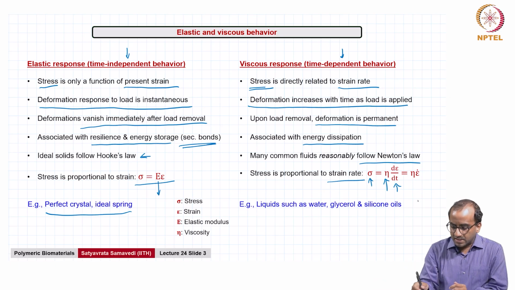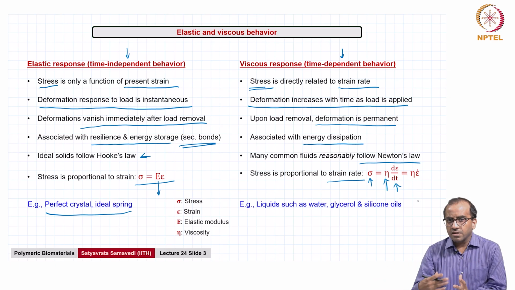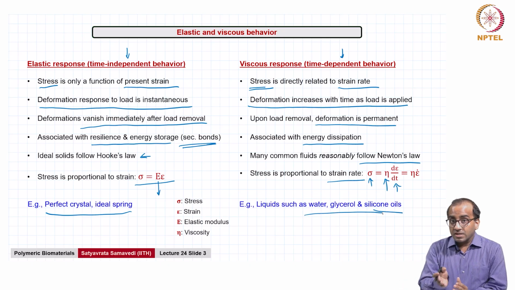And some examples of such purely viscous systems are given here, and what you will see is viscosities here are quite different. Water viscosity is quite different from glycerol. For silicone oils, it could be a whole host of viscosities depending on what type of silicone oil you are talking about, but nevertheless they all reasonably behave as Newtonian fluids under most conditions, where viscosity is only a function of temperature.